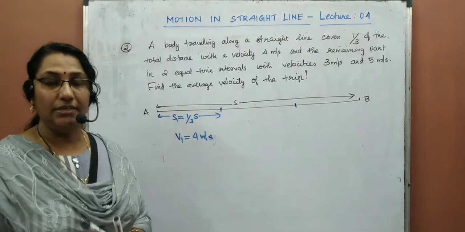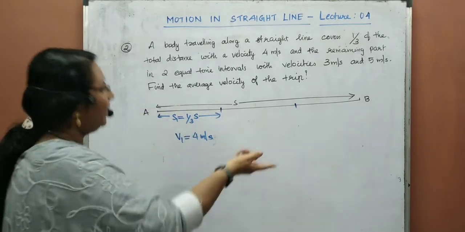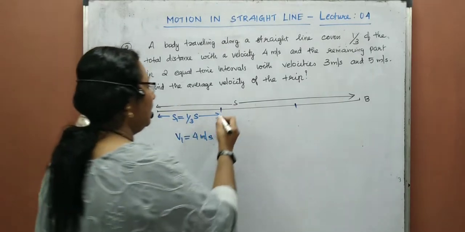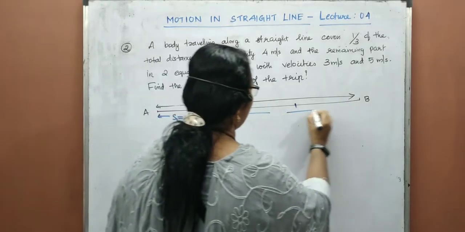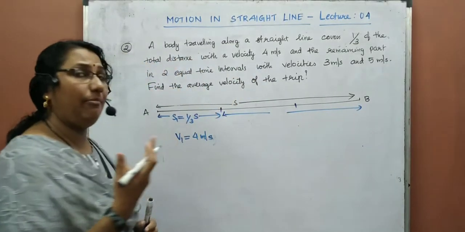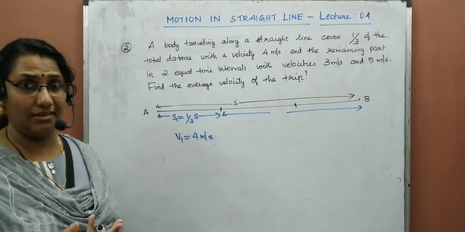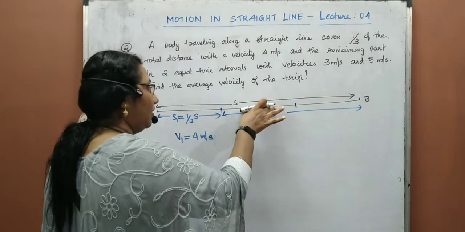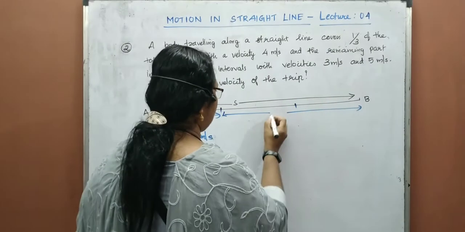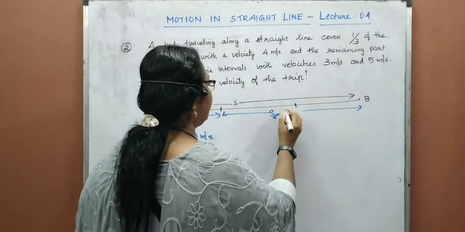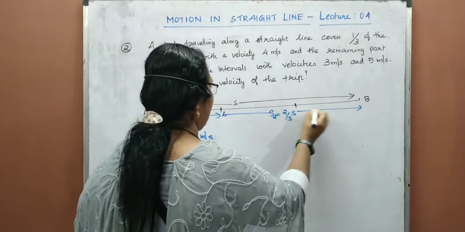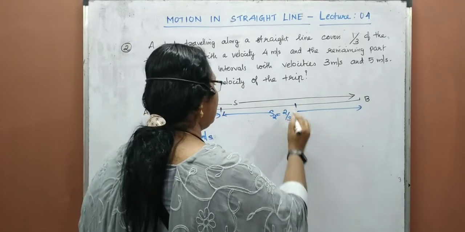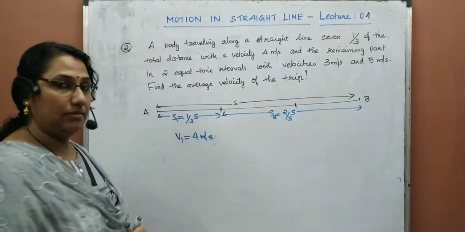Okay, then the remaining part, from this point to this point, what will that be? If this is 1/3 s, the remaining is 1/3 s, 1/3 s. That is, the second part is 2/3 s. Is it clear? The remaining means 2/3 s.